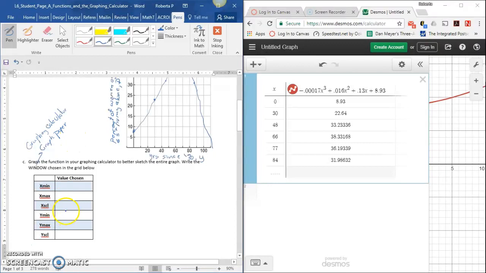And so although you're using Desmos and you can easily navigate it by using either the cursor or your fingers, we always want to make sure that we have an appropriate window so that we really see what's going on. And so we can look by our axes that's given to us.